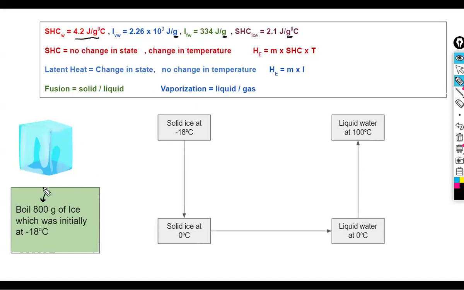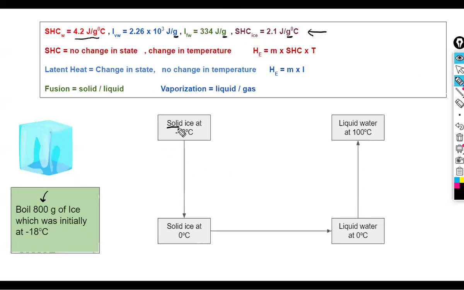So you don't need to change anything. You could leave the mass as grams because all your values up here are also in grams. So they match up. Good luck with this one. I think this one is going to be a little bit easier than the one we just did. Send your answers as usual.